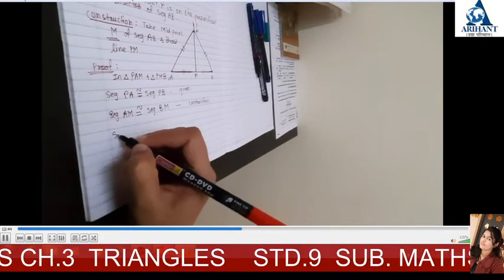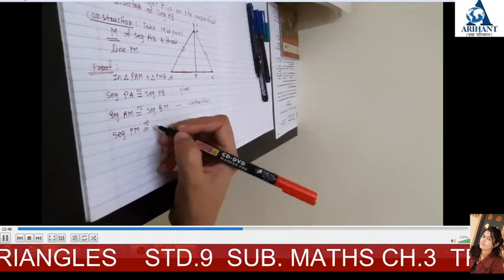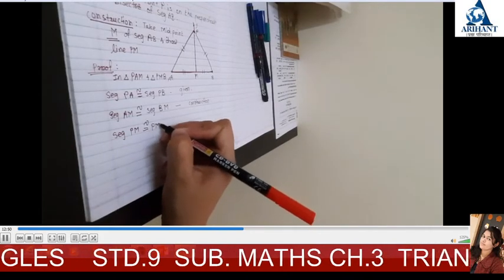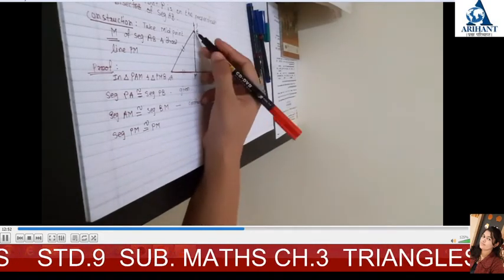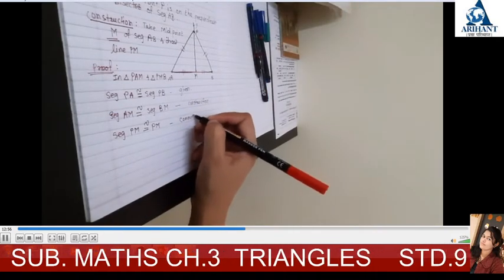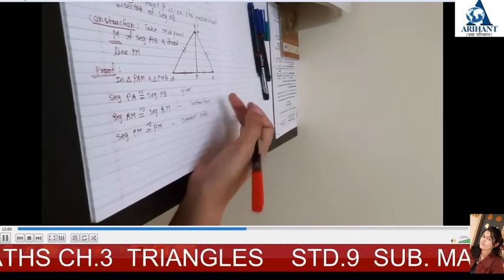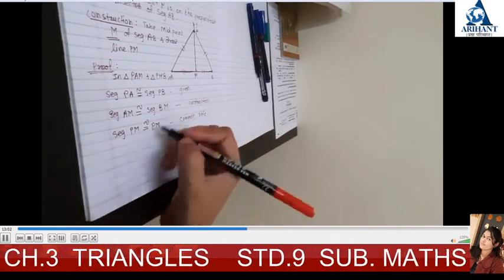Next, segment PM is equal to segment PM. This is the common side of the triangles.